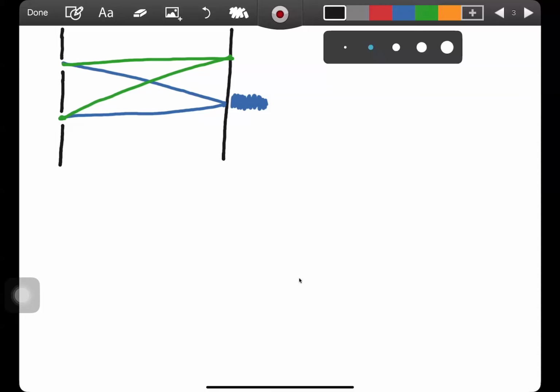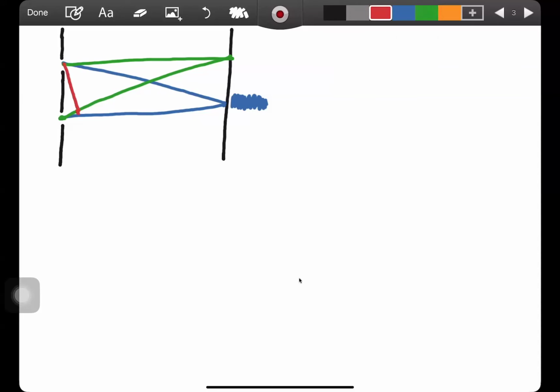And more specifically, you can think of the difference in path length as this little piece that I'm scribbling in red right there. And that turns out to be d sine theta, where d is the distance between the two slits.